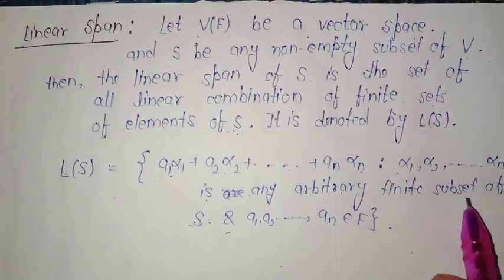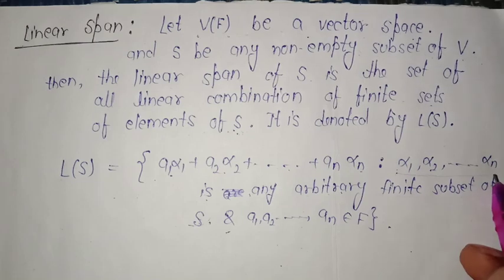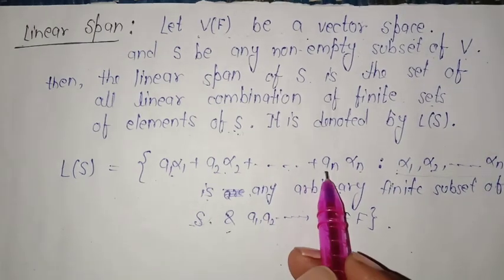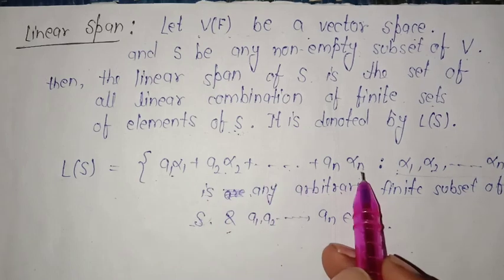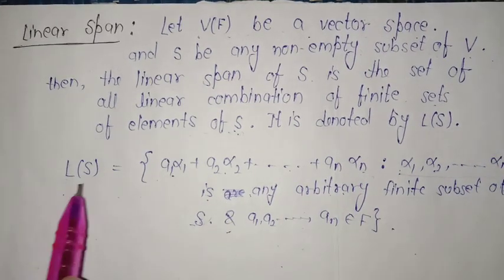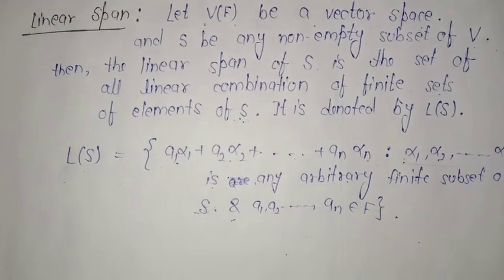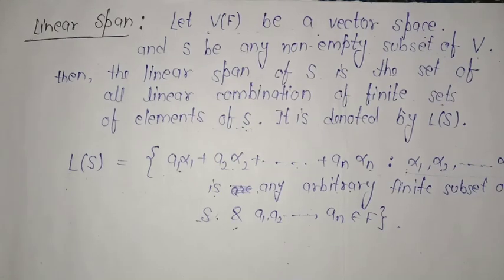That subset contains alpha 1, alpha 2, alpha n. With these n vectors we form a linear combination, and such linear combinations are contained in a set. That set is called the linear span of S. So I hope the definition of linear span is clear to all of you.